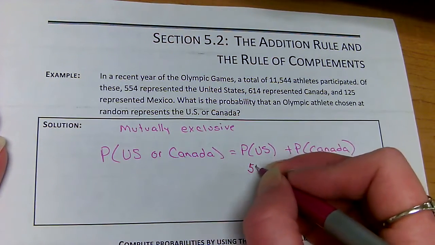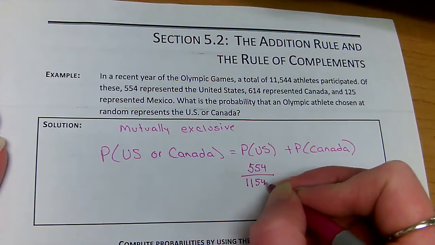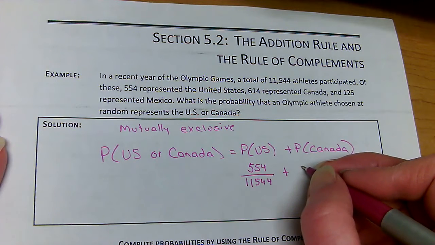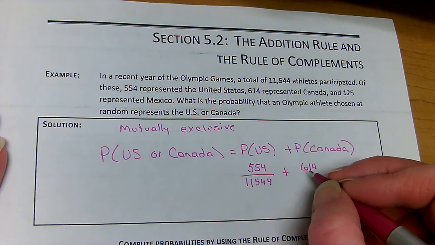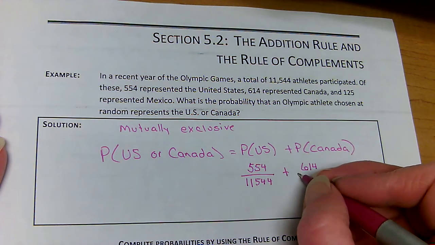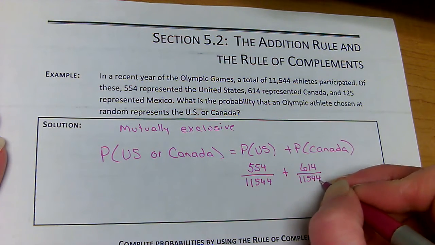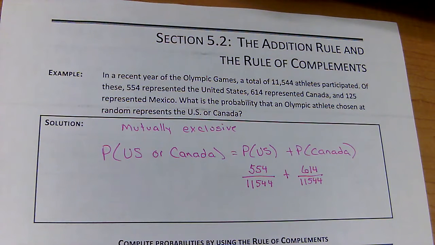So I would have 554 out of the 11,544 plus, let's see, 614 out of, that seems really high for Canada, but I guess that's right. Okay, out of the 11,544. And so we would add those together.